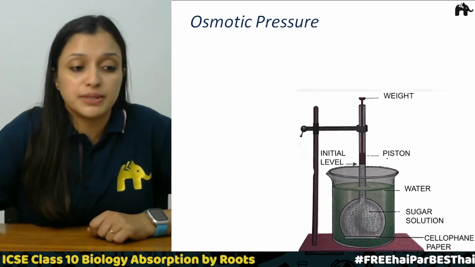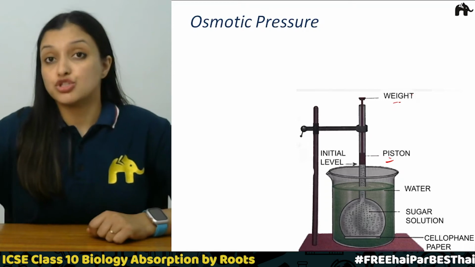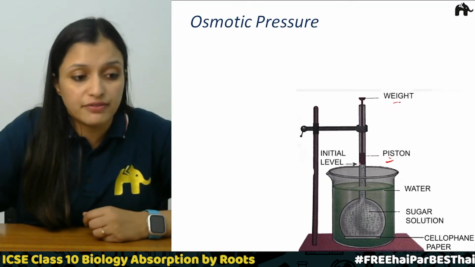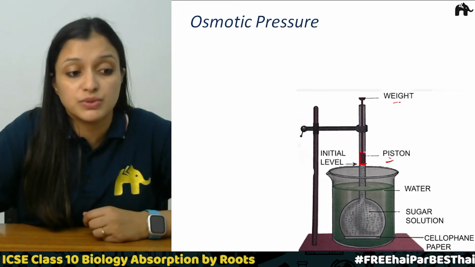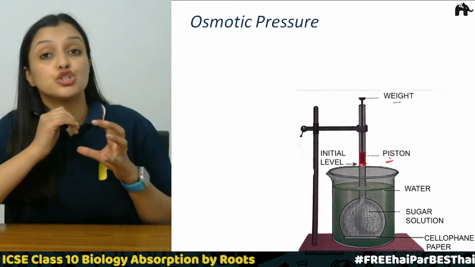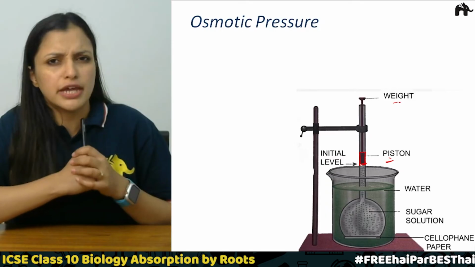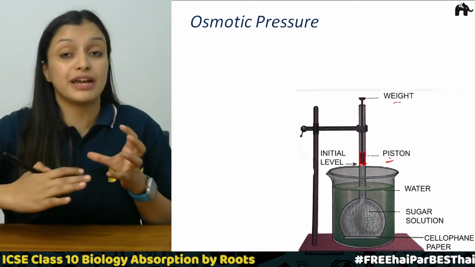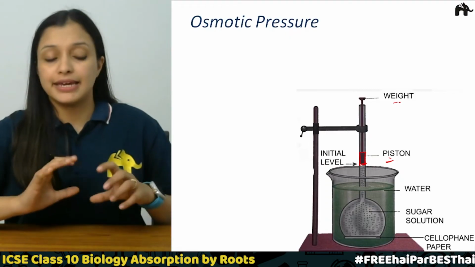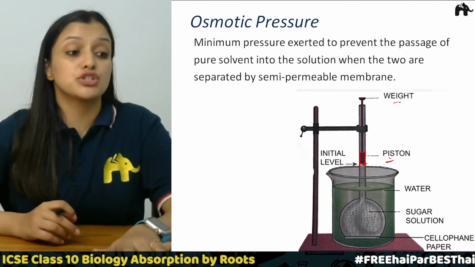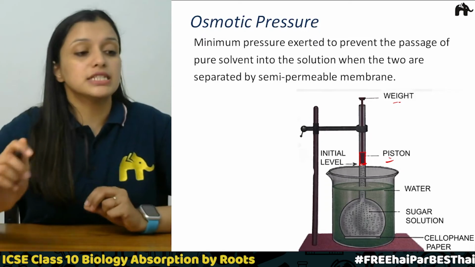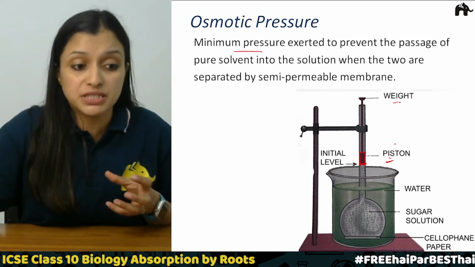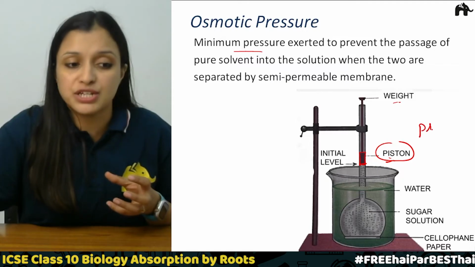Now we have put a piston with a weight. This was the initial level, and over here we have put a piston which has a certain weight, due to which a lot of pressure is being applied from the top, which nullifies the osmosis, correct? So what will be the definition for osmotic pressure? What we are doing with this piston is putting pressure, right?